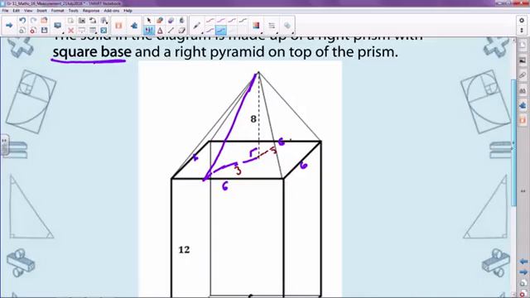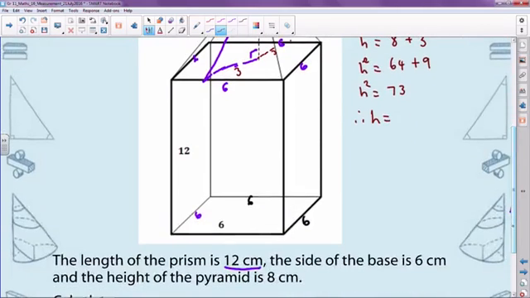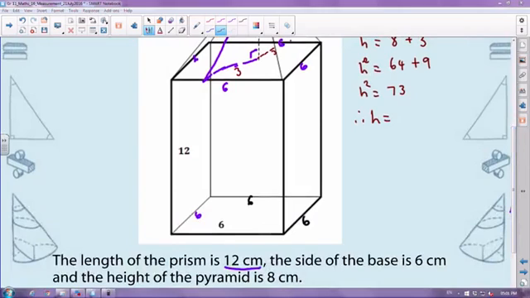We use Pythagoras theorem, so I'm just going to call this h. So h squared equals 8 squared plus 3 squared. Then h squared is 64 plus 9, then h squared is 73. Now to get your h, you square root on both sides, then your h is the square root of 73, which we can work out using our calculator.